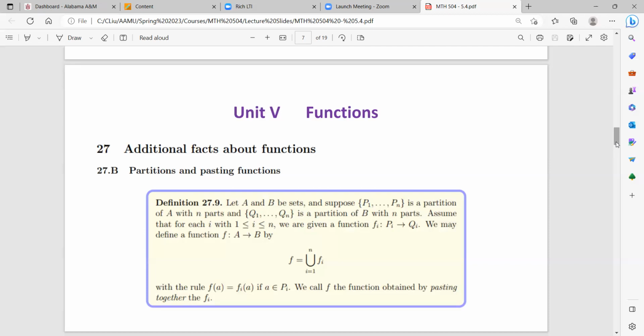Each of these pairs comes from some f sub i.